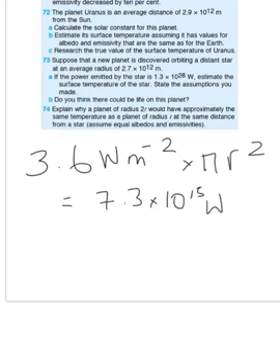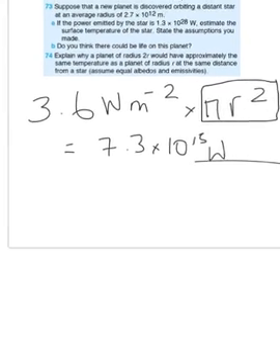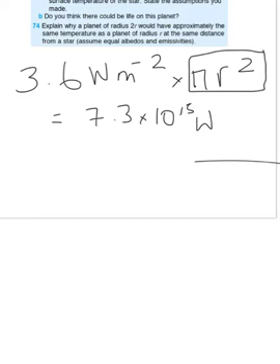And here we go. We've got the solar constant times the area of that disk of energy hitting the planet. So we've got 7.3 times 10 to the 15 watts. So we've gotten rid of the meter to the -2 now. And now let's consider what we have to do. So what you've got now is a planet which is receiving a lot of energy.